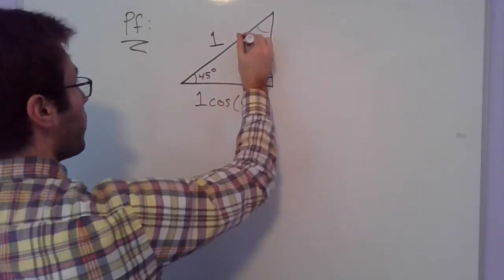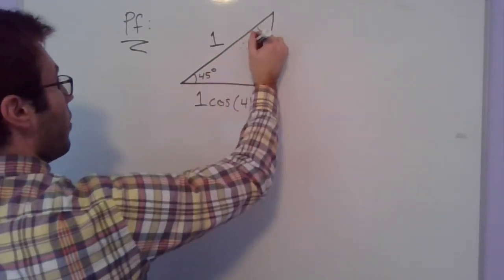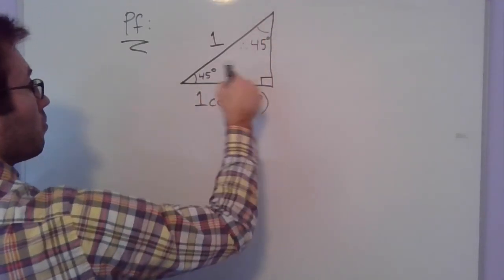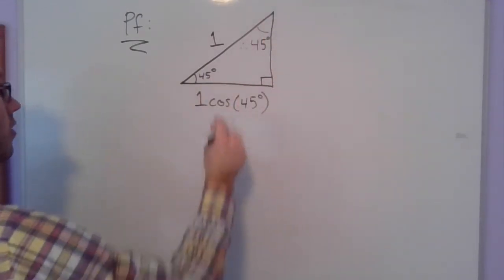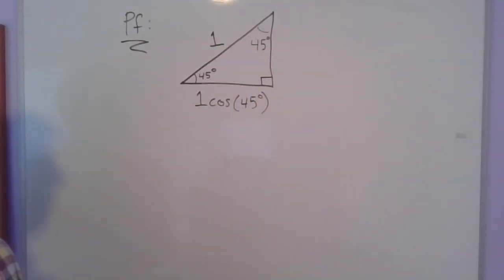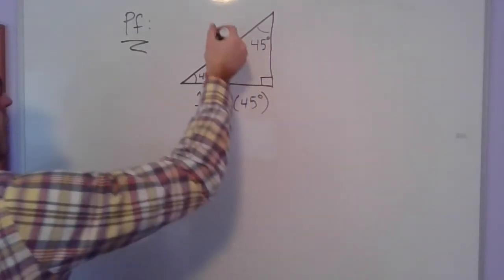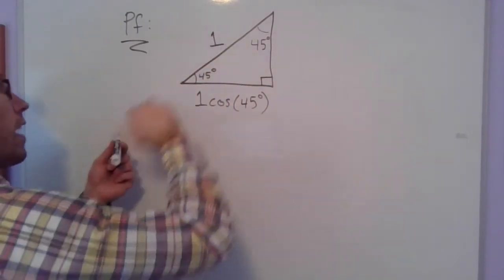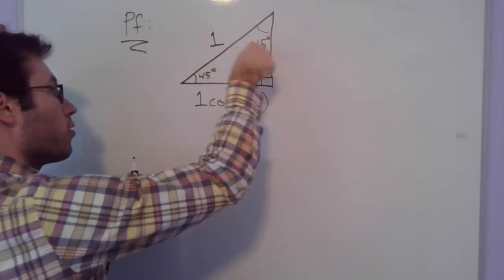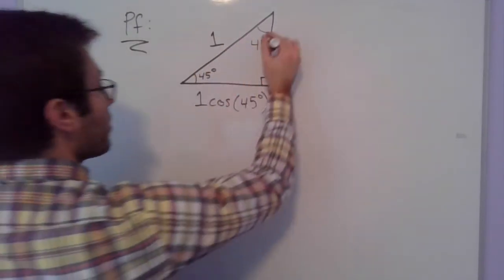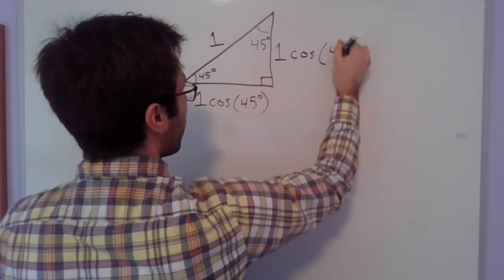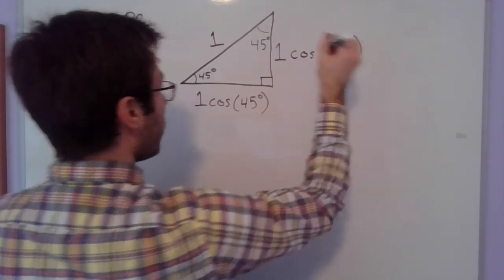So therefore, this must be 45 degrees as well, because 90 plus 90 adds up to 180. So this angle automatically is 45 degrees. If we take my hypotenuse times the cosine of the angle it's attached to, so 1 cosine of 45 degrees, this will give me my side length here as well. So this will be 1 cosine of 45 degrees as well.